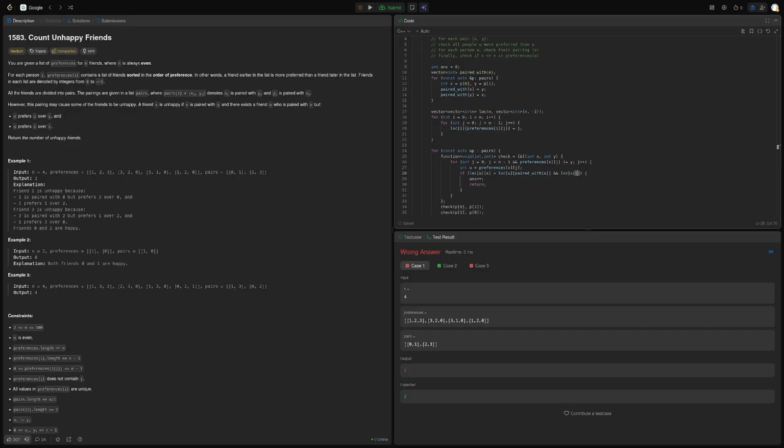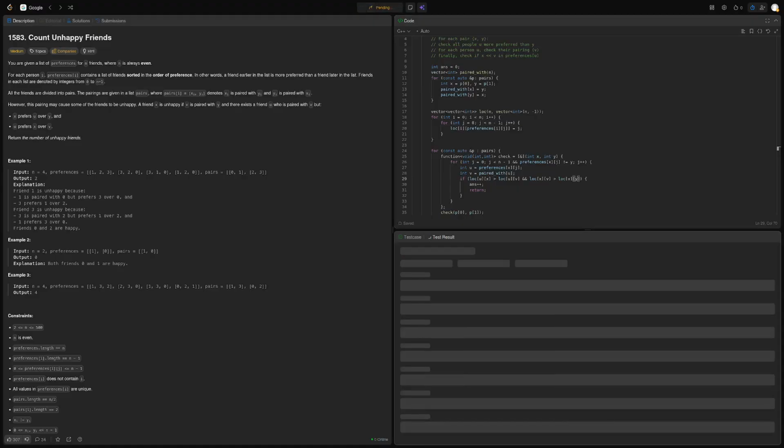And location at x of int v paired with u, x v over location x y, like this.